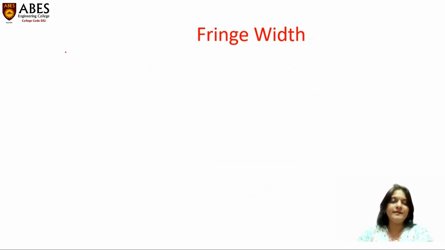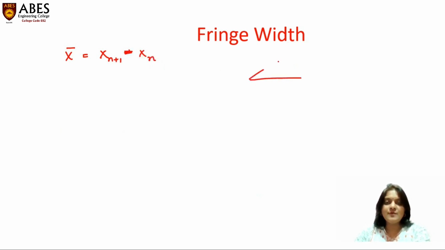Now we know that fringe width is the distance between two successive maxima or two successive minima. So the distance between the n plus 1th fringe and the nth fringe is xn plus 1 minus xn.